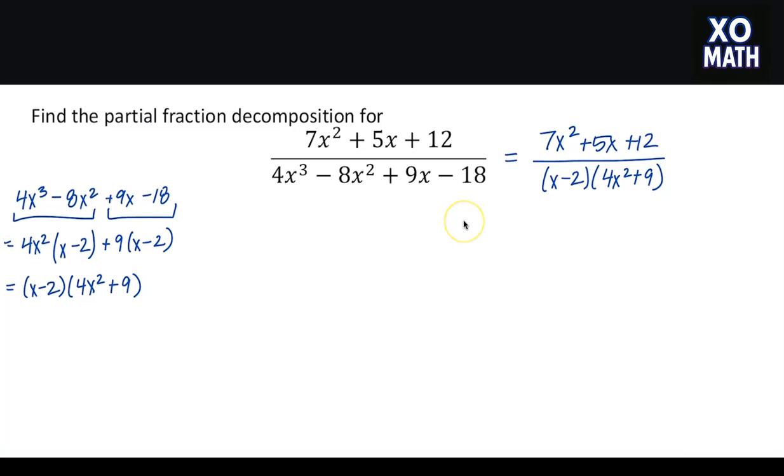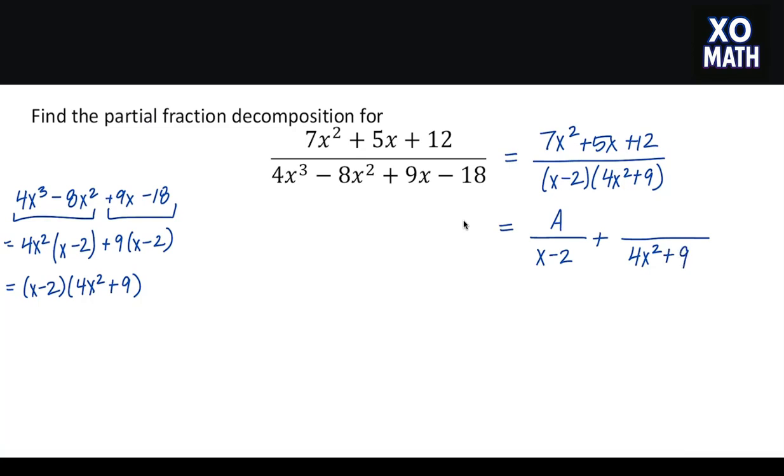So when we go to create our partial fractions, above our linear factor, x - 2, is going to go a generic constant that we're going to need to solve for. And our second partial fraction will have the irreducible quadratic, 4x² + 9.